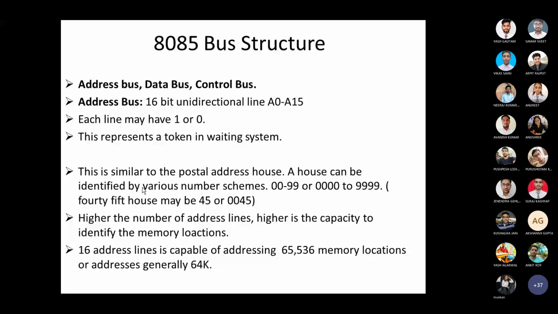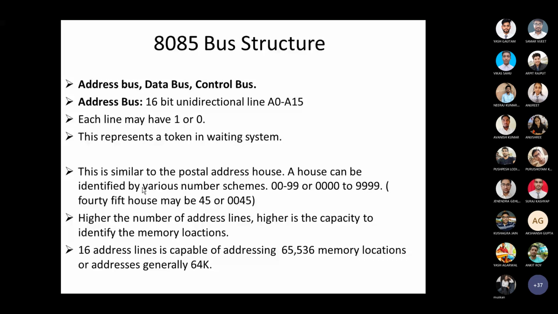So, the 8085 bus structure. There are three different buses: the address bus, data bus and control bus. The address bus is a 16-bit unidirectional line, that is A0 to A15.